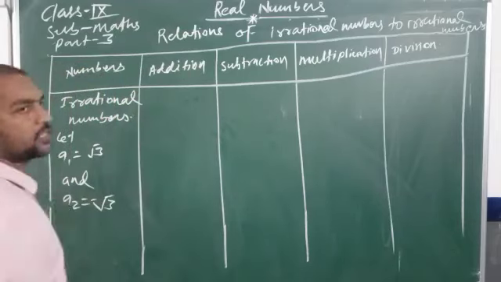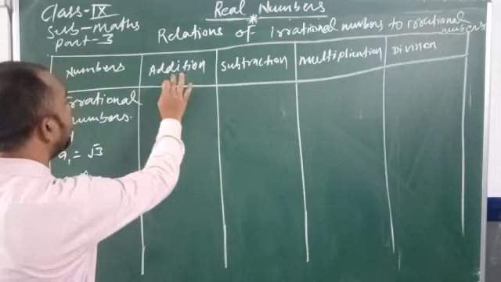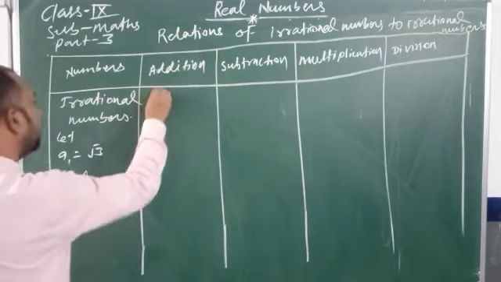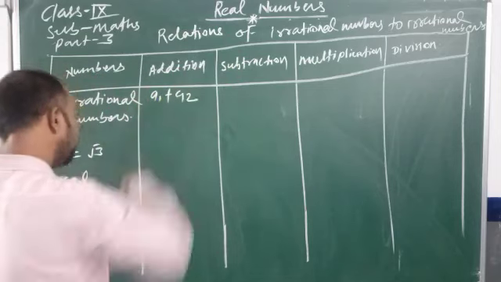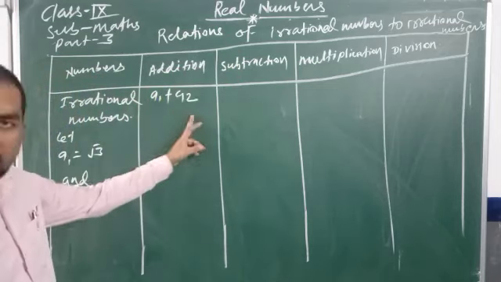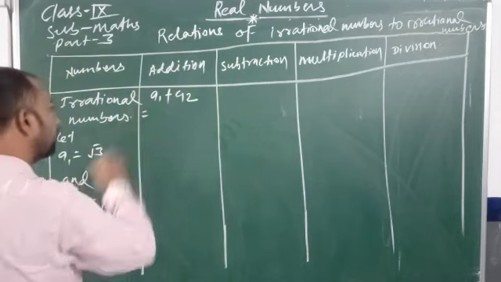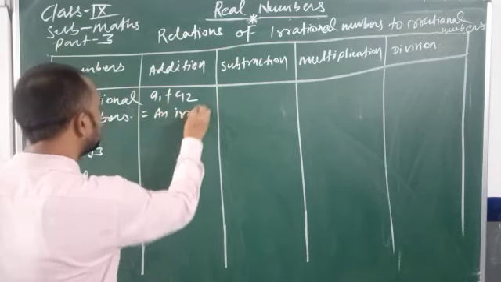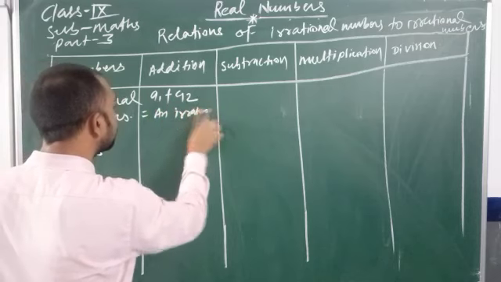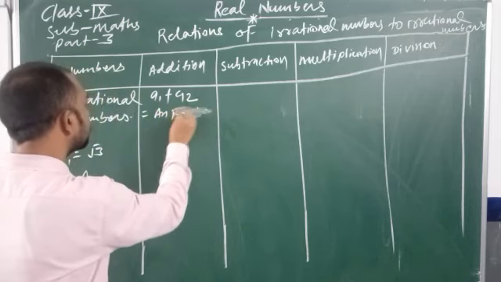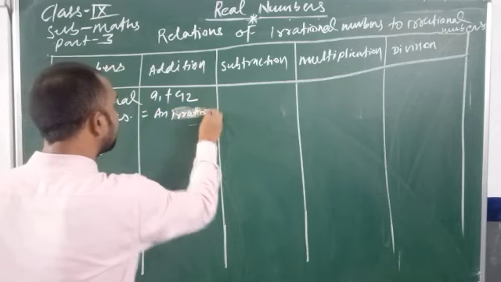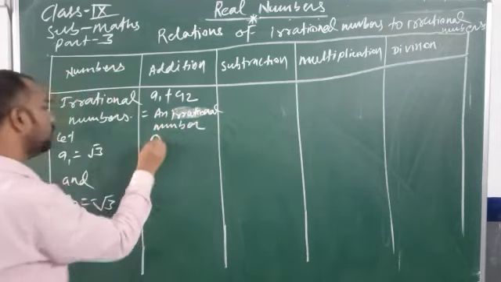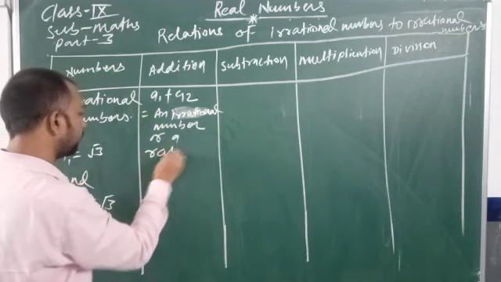The first operation is addition. We will define addition on the relation of irrational to irrational. The first relation is a1 plus a2, means an irrational number plus an irrational number. The result will be an irrational number or a rational number.